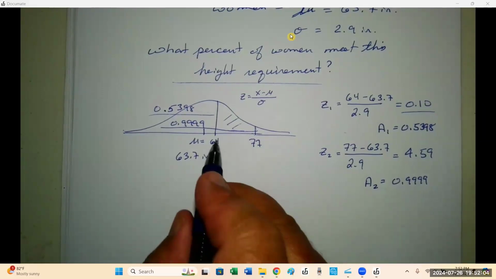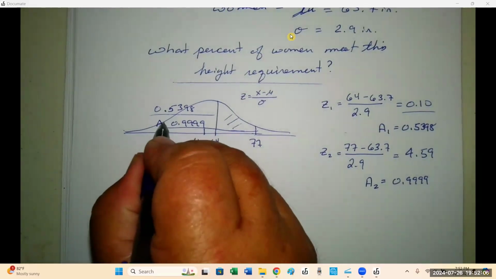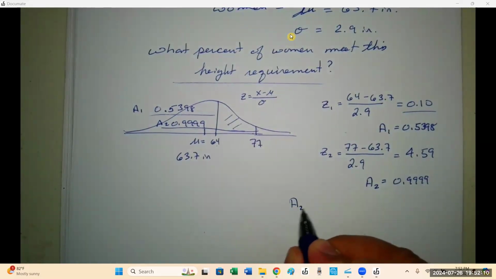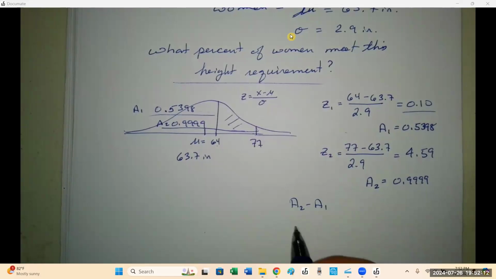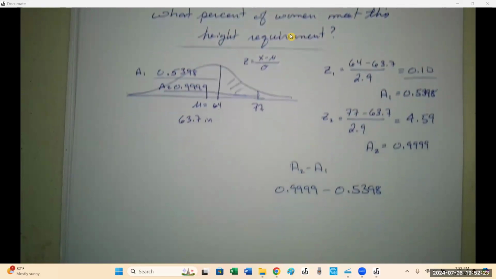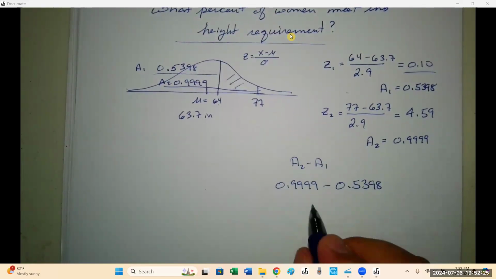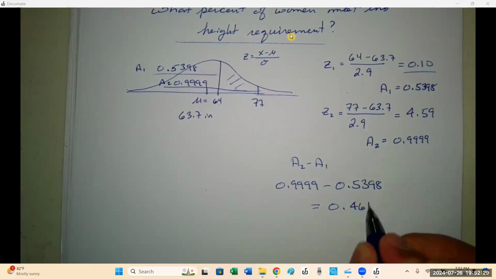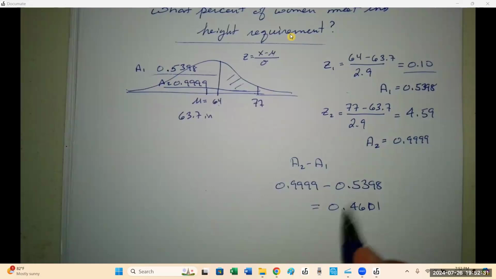So this is A2, this is A1. Taking A2 minus A1, we get 0.9999 minus 0.5398. That gives us 0.4601.